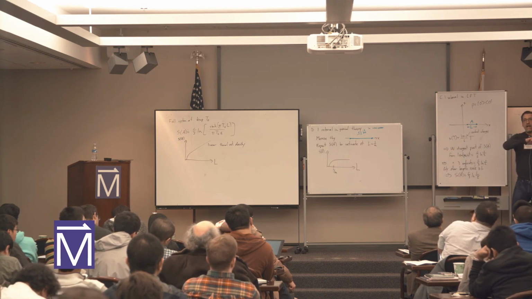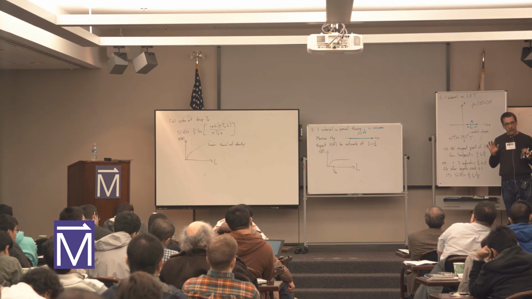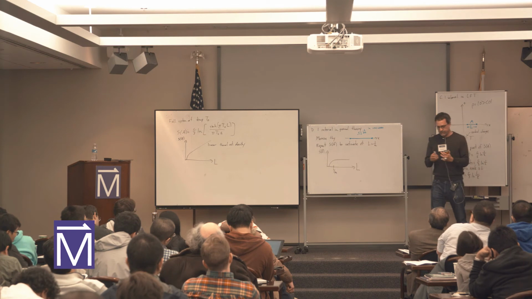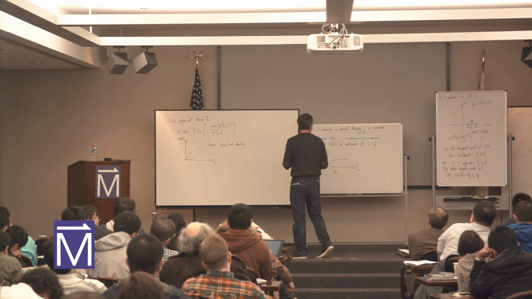The fact that it's always concave, however, is always going to be true, and that's because of strong subadditivity, a general property of entropies.